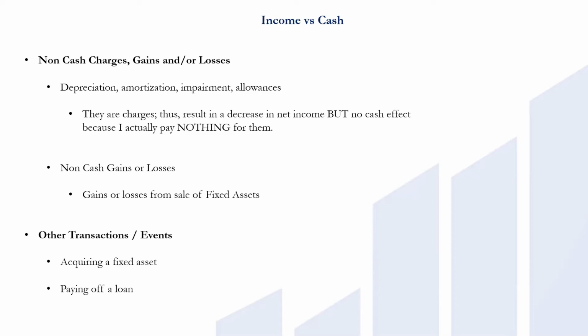One final reason behind a mismatch, which is also very common, is whenever you have cash on hand and you go and pay a certain installment for a loan. When you pay an installment on a loan, it will not affect your income statement.